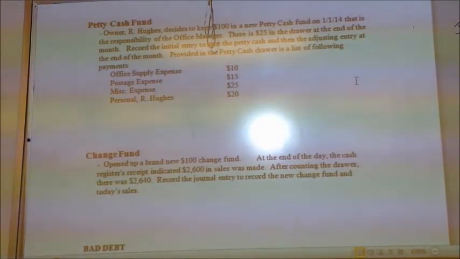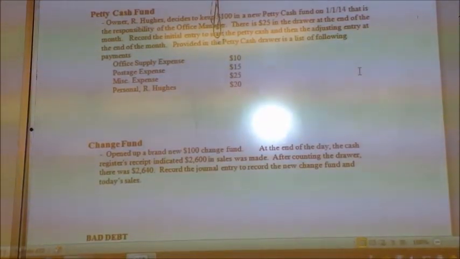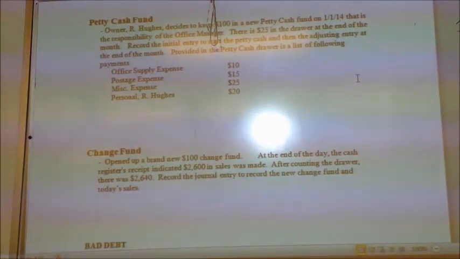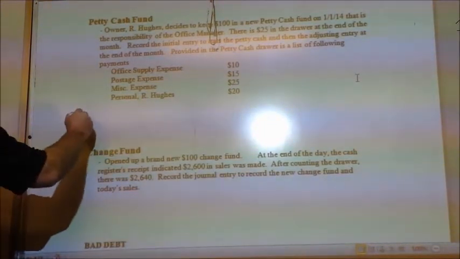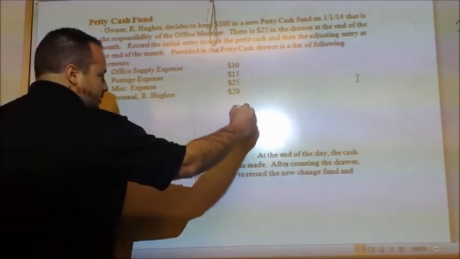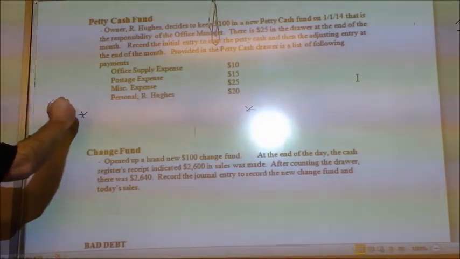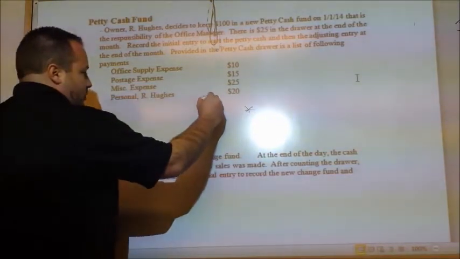And then those are the items that were taken out and written down on our petty cash little sheet in our drawer. Now I want you to be able to go through and do the 2 journal entries, one being on January 1 and this one being on January 31.